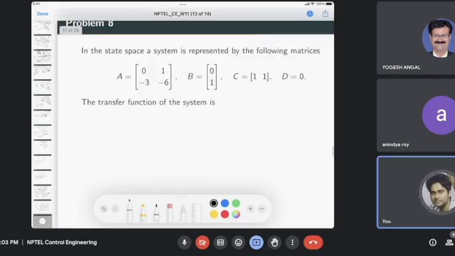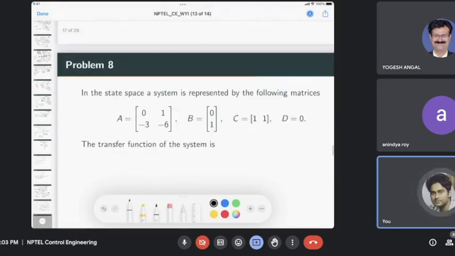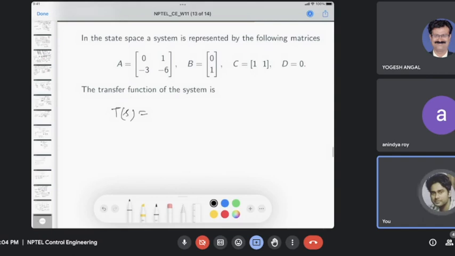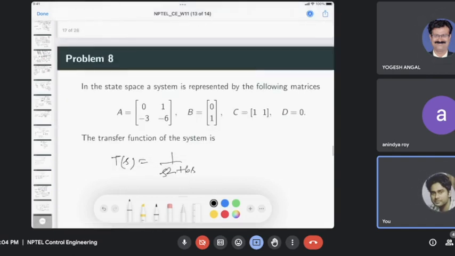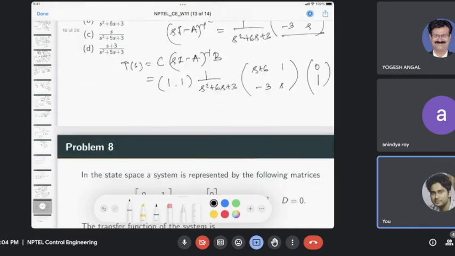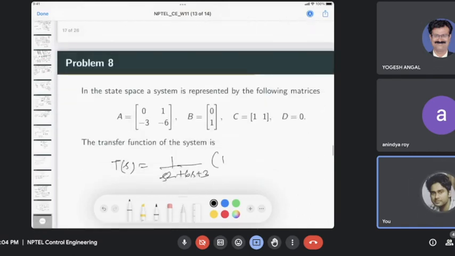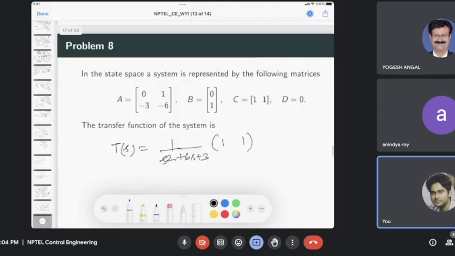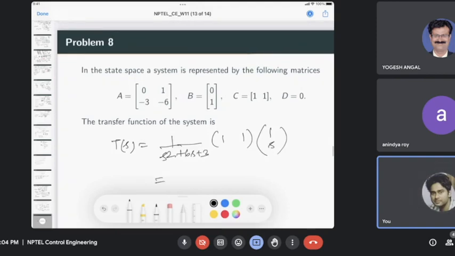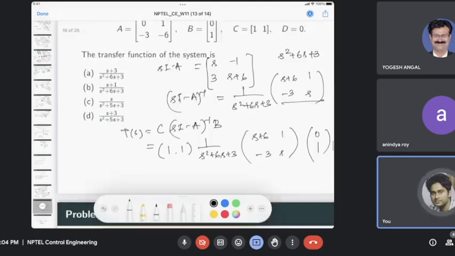Okay, so the transfer function then will be 1 by s square plus 6s plus 3, and 1 and 0 1 means it is 1 and s. Then we have s plus 1 by s square plus 6s plus 3. This is the transfer function.